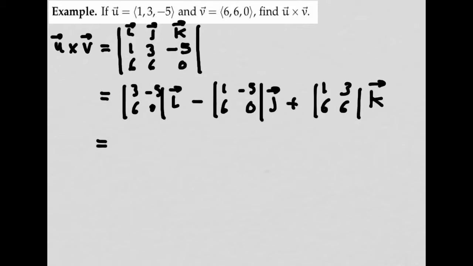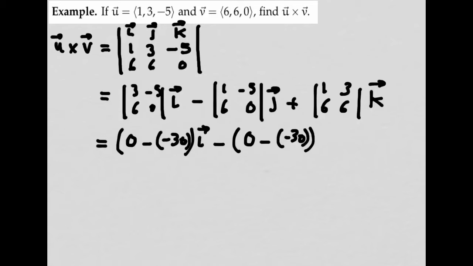The determinant 3, negative 5, 6, 0 is obtained by doing 3 times 0, which is 0, minus 5 times 6, which is minus 30, all multiplied by the vector i, minus the second determinant, which is 1 times 0, that's 0, minus 5 times 6, which is minus 30, j, plus the third determinant, which is 1 times 6, that's 6, minus 3 times 6, which is 18, times the vector k.